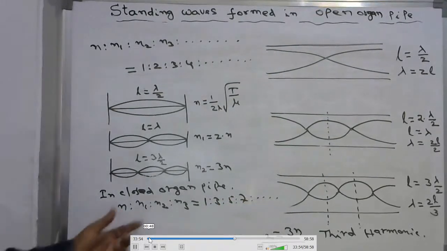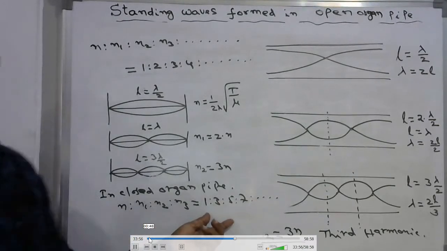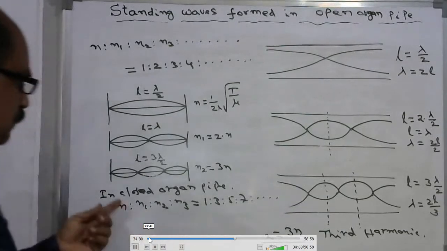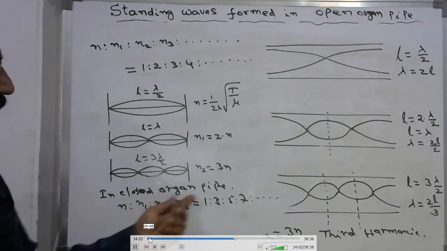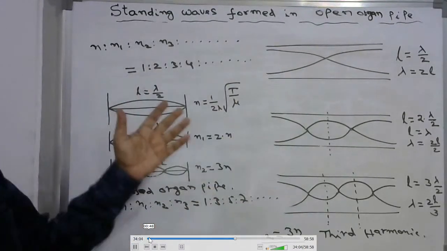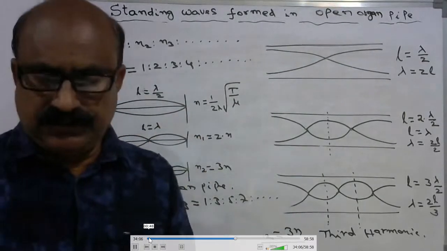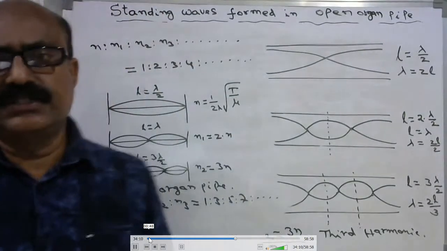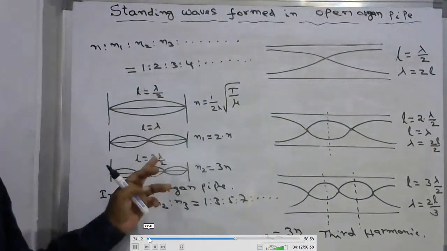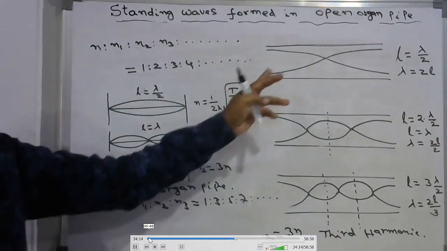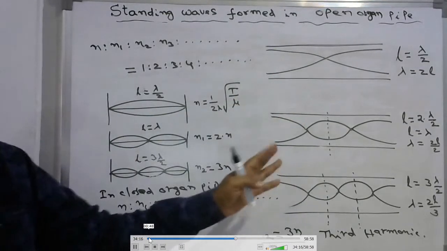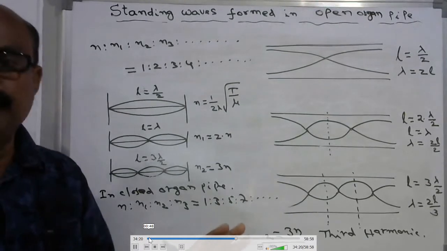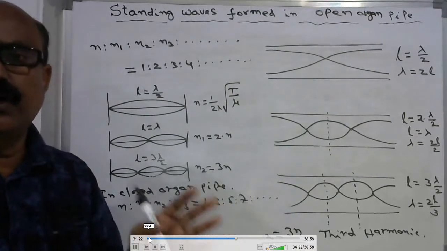So only odd multiples of harmonics are available in case of closed organ pipe. So these are the differences observed in case of the stretched string. Compared with stretched strings, the open organ pipe is almost equal, and in case of closed organ pipe we will get only odd multiples of harmonics.